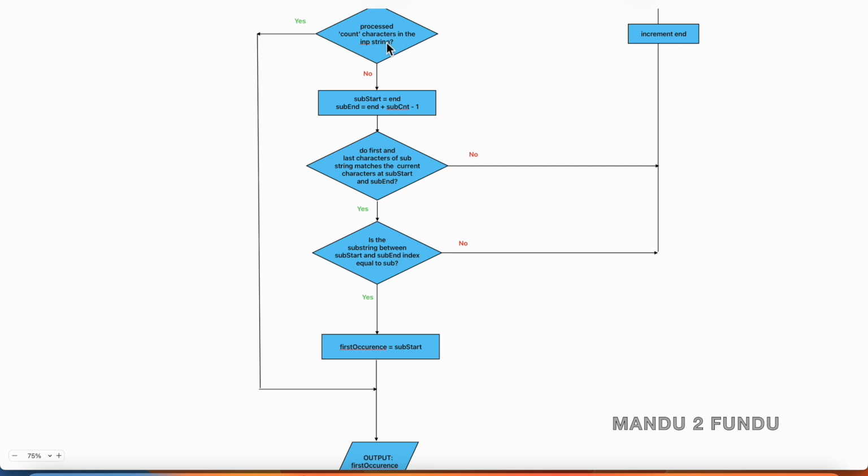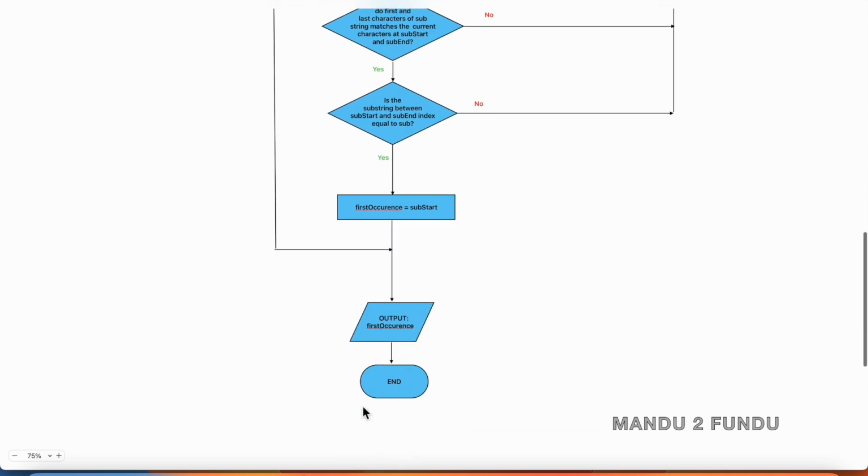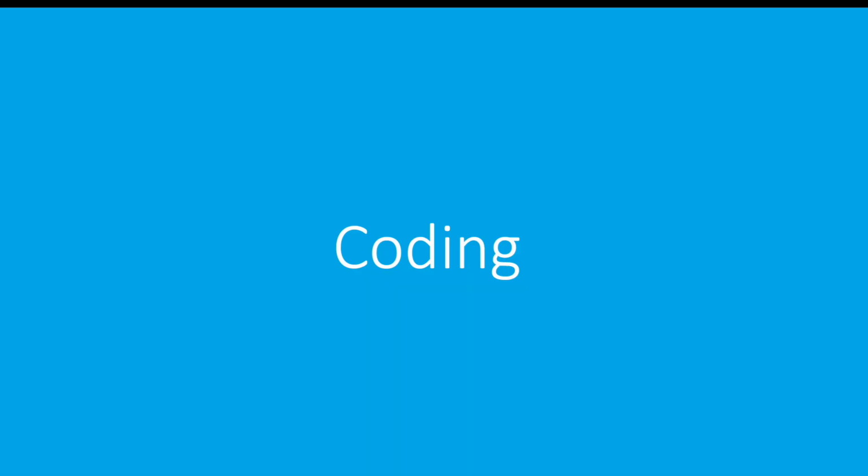Otherwise, we continue to process the rest of the characters until we process count number of characters. Finally, we return the first occurrence value. If there is no match, the first occurrence still has -1, so we return -1. If we found a match, we set the first occurrence to the substart value, which will be returned to the caller. Let's move on to coding.